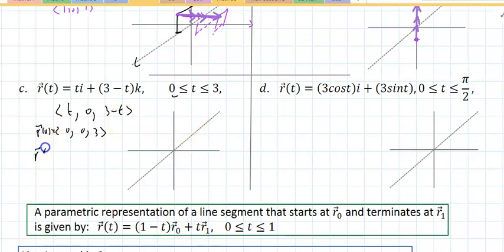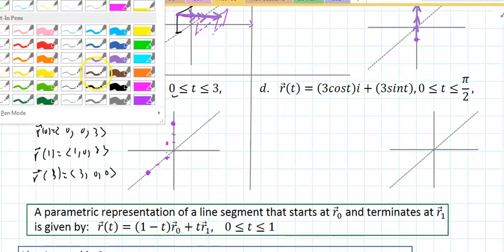And r of 1 is going to be 1, 0, 2. And r of 3, since it's a straight line, I know what that looks like. That's going to be 3, 0, 0. So if I mark my points, 0, 0, 3, I start right there, then 1, 0, 2, and 3.